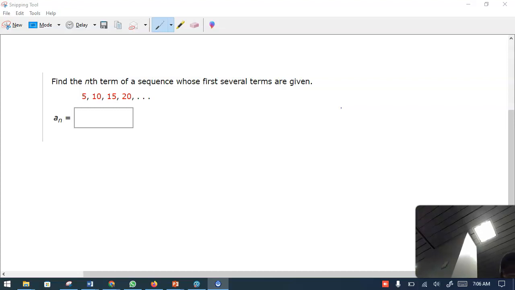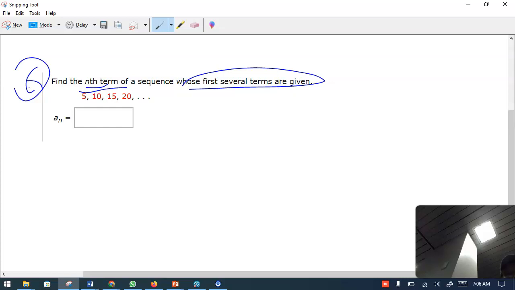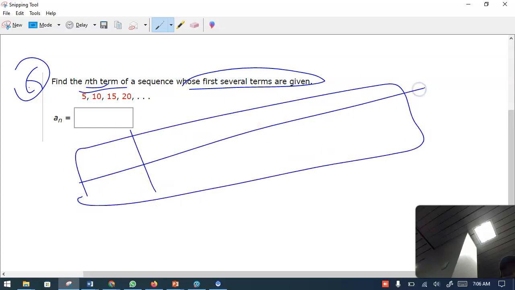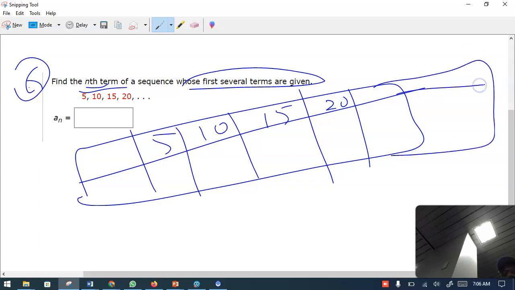In this question, you're supposed to find the nth term. This is the sixth example and several terms are given. You see 4 terms are given: 5, 10, 15, 20, and likewise you want to find the nth term, the nth position.